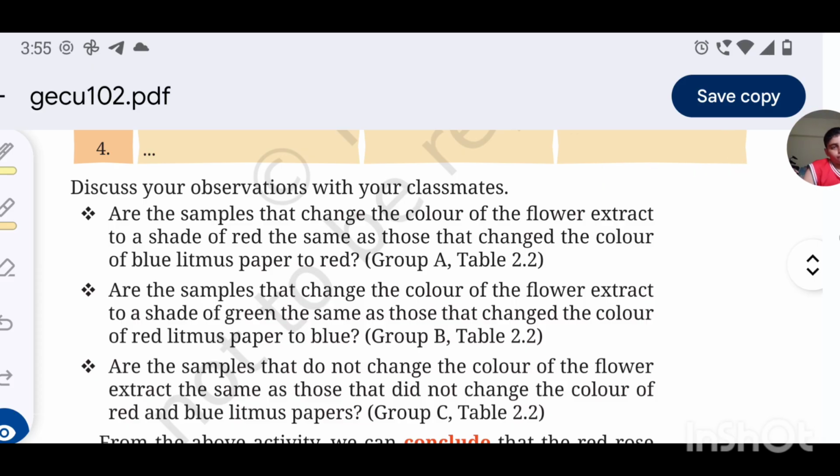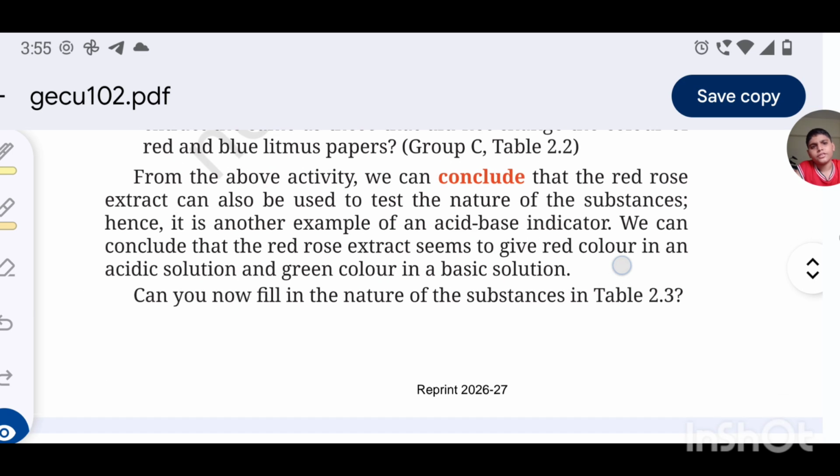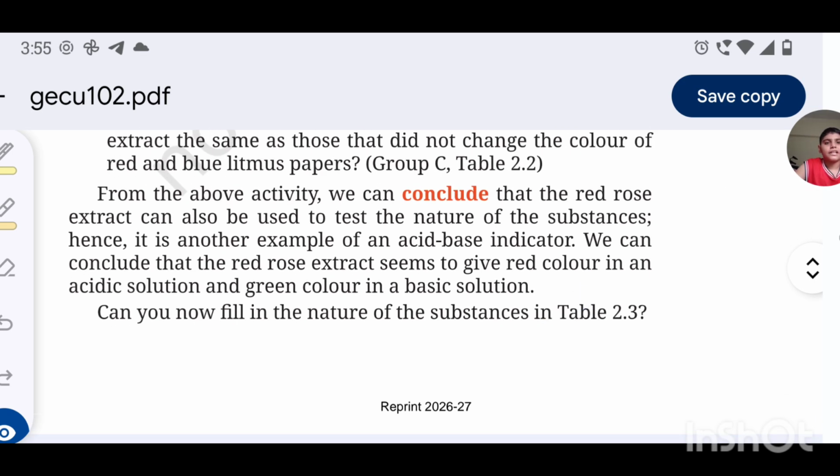Now I think you don't need the target, you can finish it. Okay, from the above activity we can conclude that the red rose extract can also be used to test the nature of the substances. Hence it is another example of an acid base indicator.